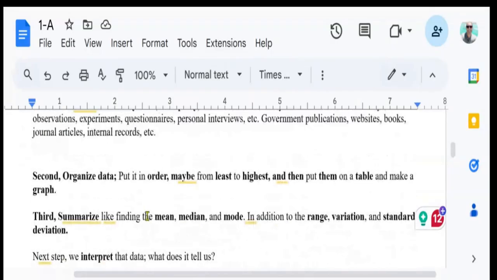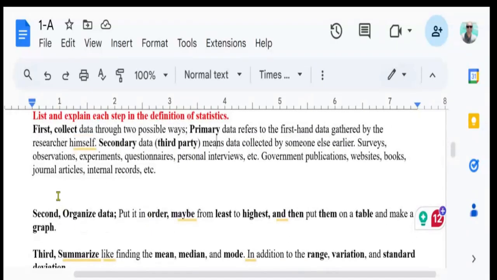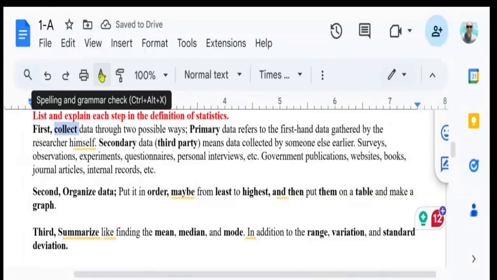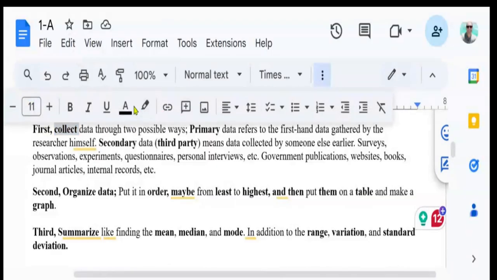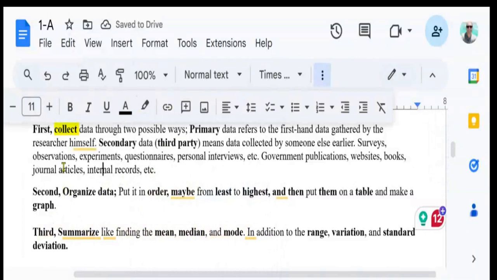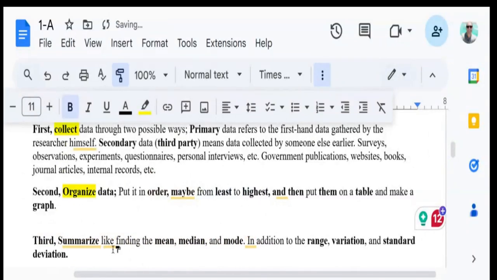Now, what are we going to do second? We're going to organize. The first, we collect, correct? That's the first thing. Second, we organize the data. How can I organize the data?